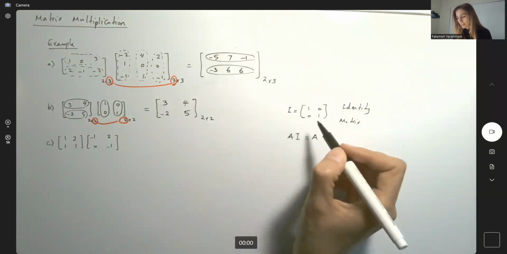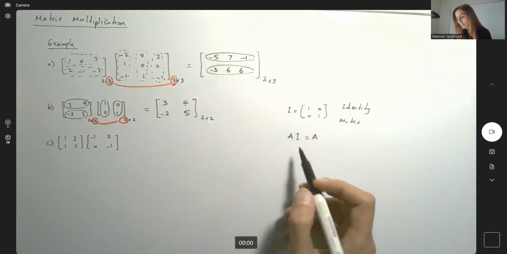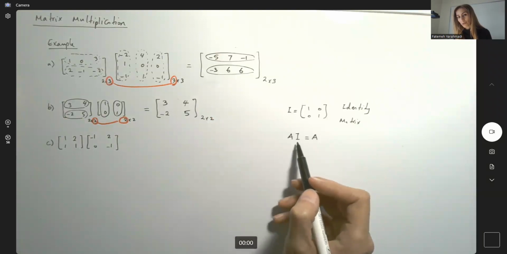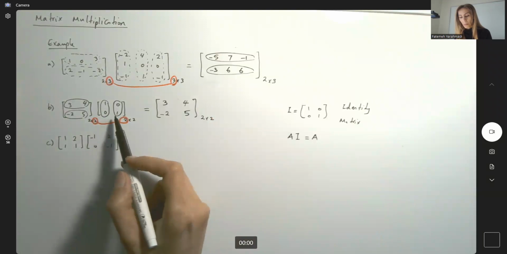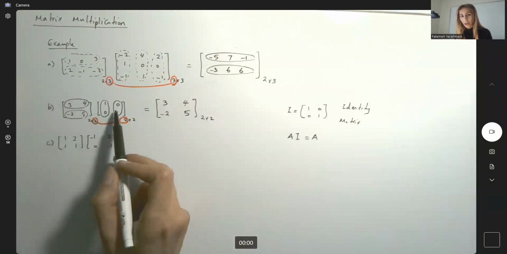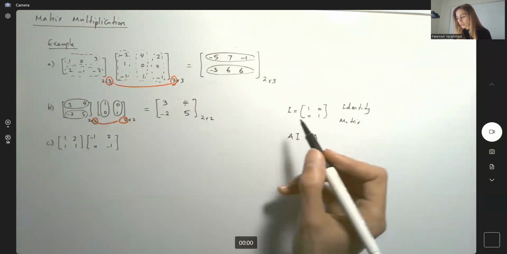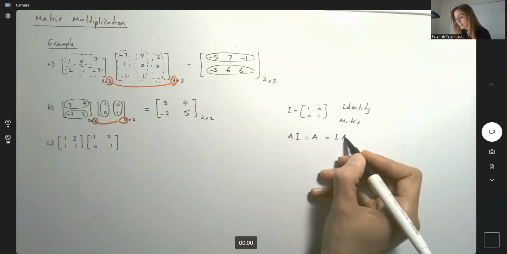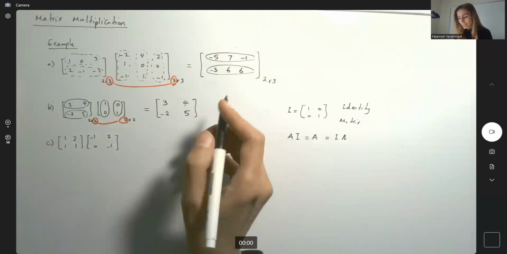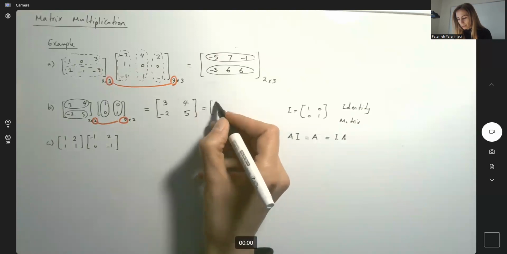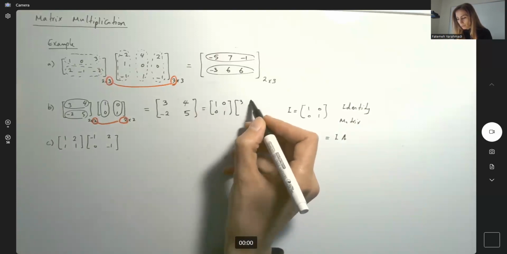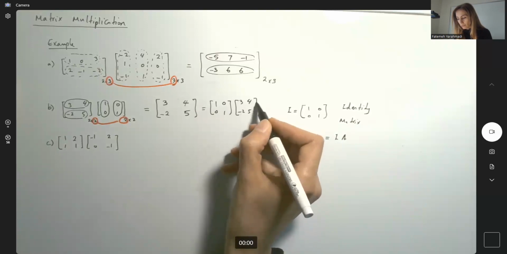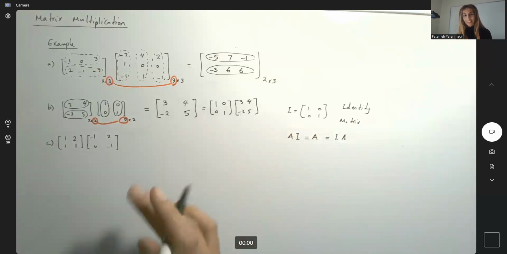I represents the identity matrix. If I multiply any matrix by the identity matrix, it's going to be the same as the matrix itself. If you multiply your matrix by the identity matrix from the left, it's going to be the same thing, IA. What do I mean by that? It means that I can write it this way: 1, 0, 0, 1, product with 3, 4, negative 2, and 5. They're going to give you the exact same matrix back.